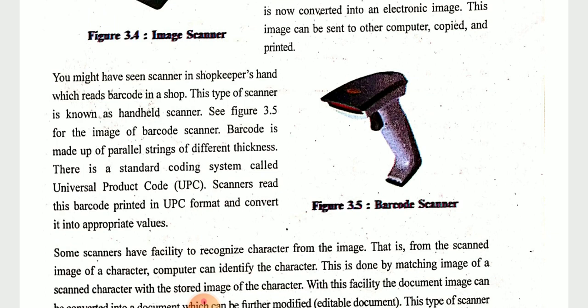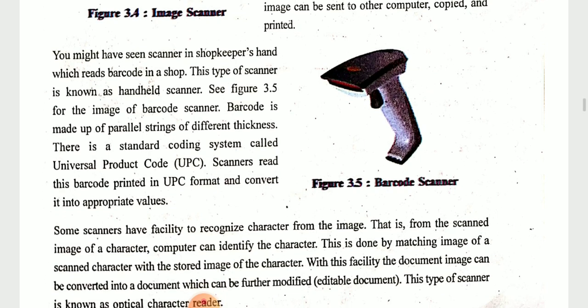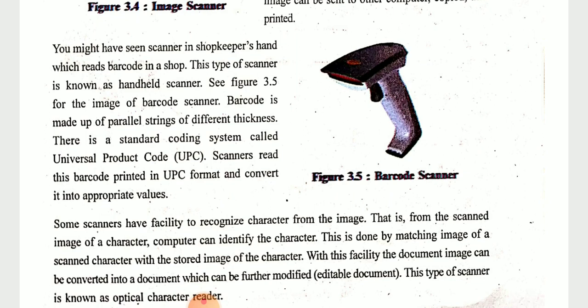The shopkeepers use this barcode scanner to scan the barcode and give the price of any item. This type of scanner is known as a handheld scanner. Why is it called a handheld scanner? Because it is run with the use of the hand.